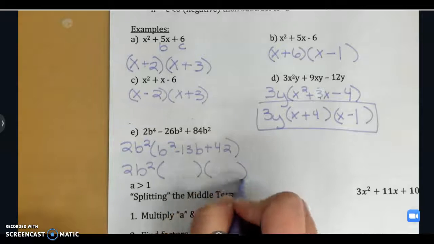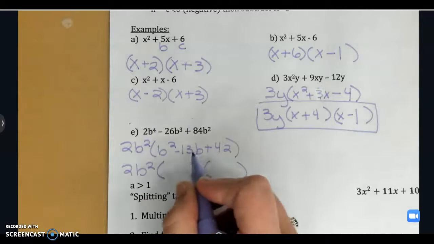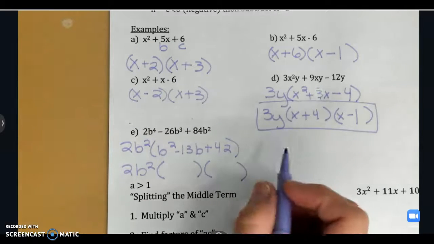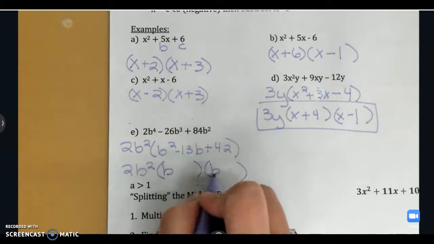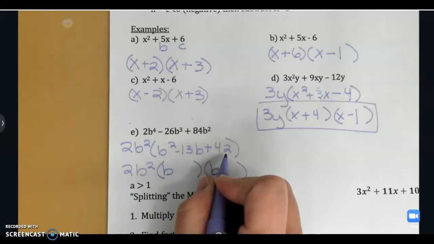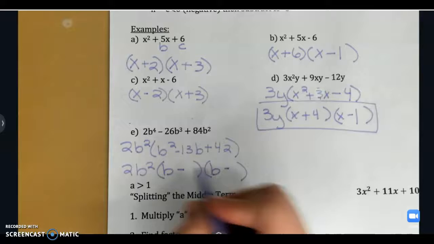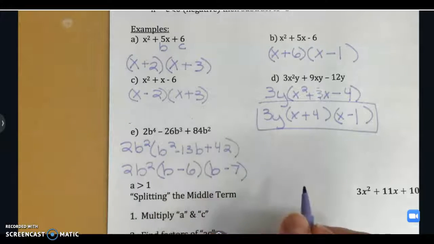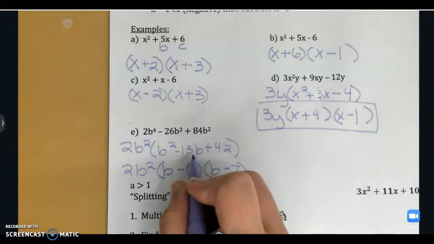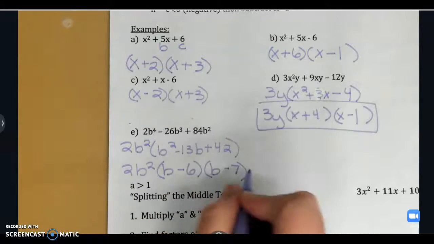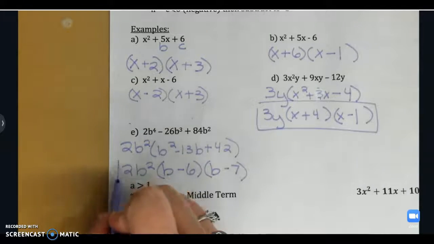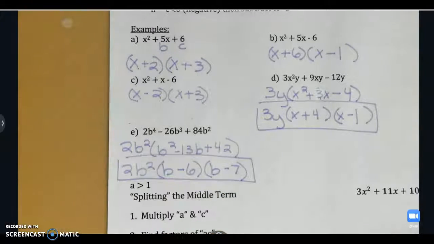And I'm looking for factors of positive 42 that add to negative 13. Now recall, a negative times a negative is a positive, but when you add them, they stay negative. So this is going to be 2 negative numbers, and 6 times 7 are factors of 42 that would add to negative 13. So negative 6, negative 7. And there is my final factored answer.